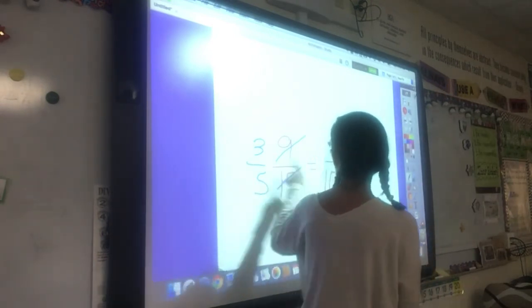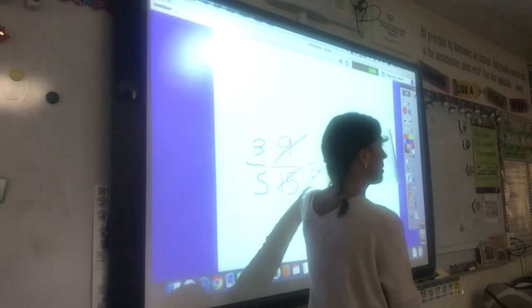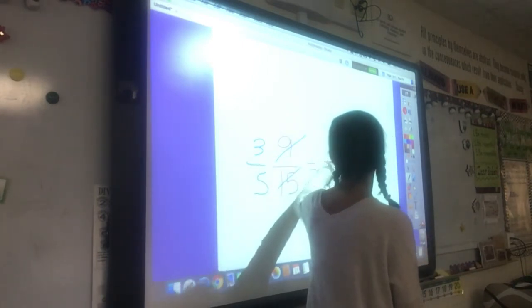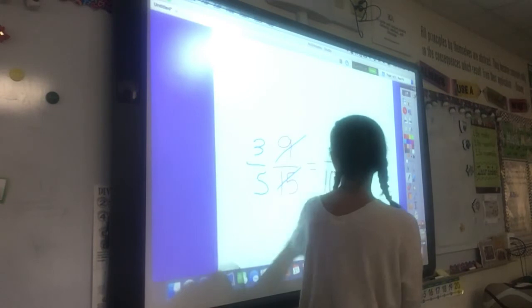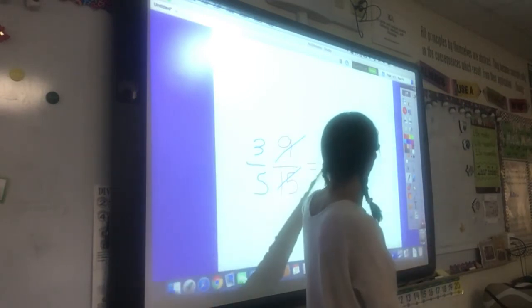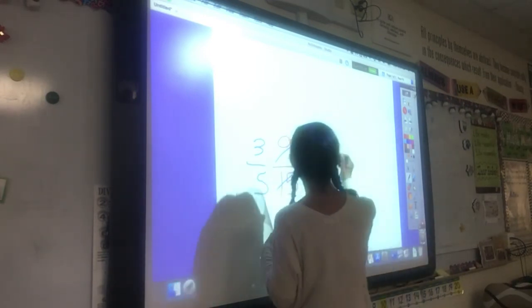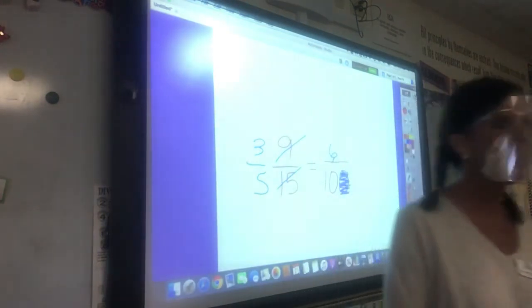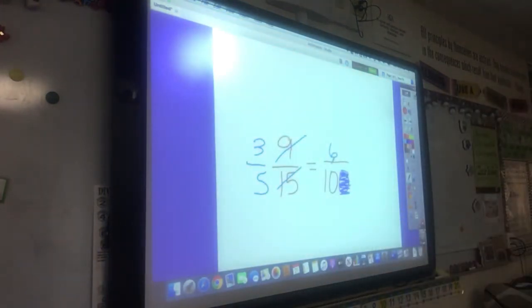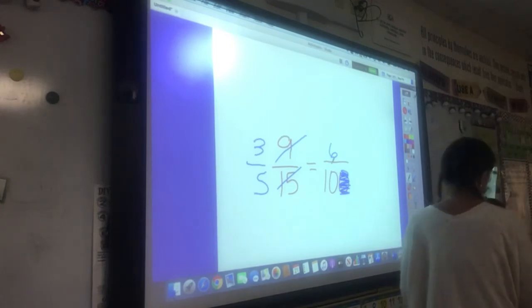This is times 2, times 2. So this is missing what? Not a 2, but times 2, times 2. 6. It's missing a 6. So 6/10. And then we would need to switch it to a decimal, which will be what? 0.6. Okay, one more thing in your composition book, and then we are going to do a game.